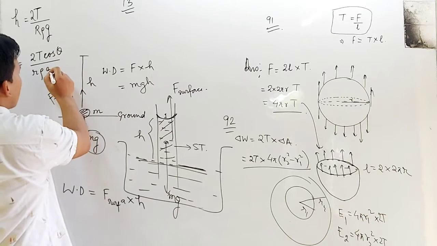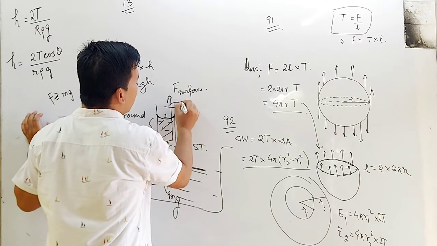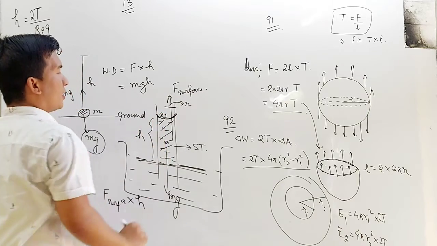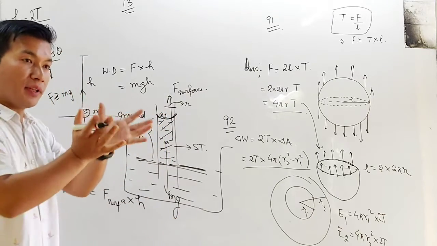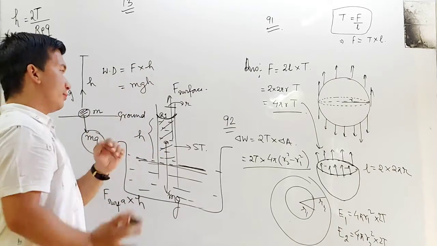This small r is the radius of your capillary tube, while capital R is the radius of the meniscus.